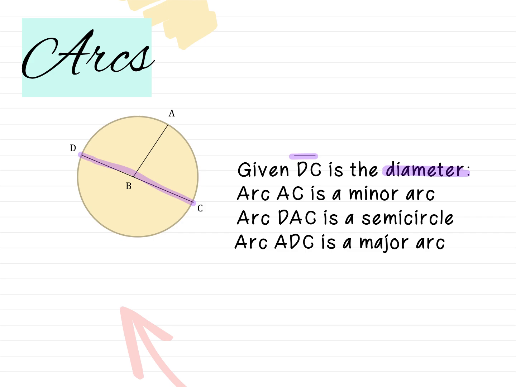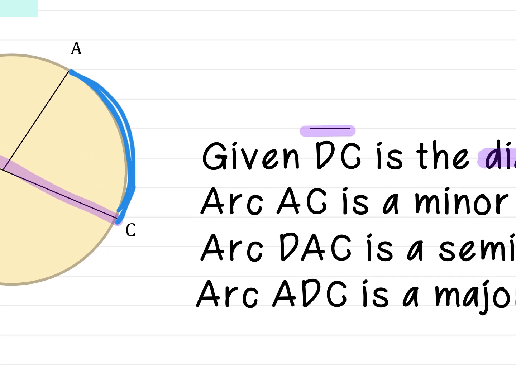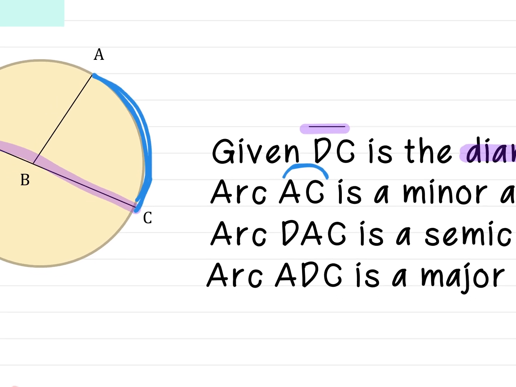Arc AC, which is right here, is less than half of my circle, so it is a minor arc. Please pay attention to this: your arcs are written with a curve above it. Please do not put a line. You can write the word arc, but you're going to see it on your test and quiz with a curve above the two points. So that's arc AC, and it's a minor arc.